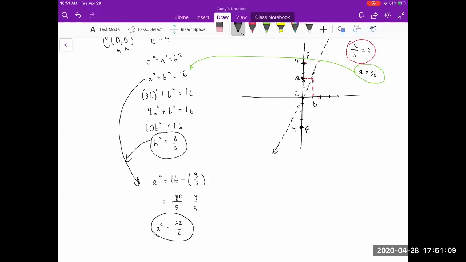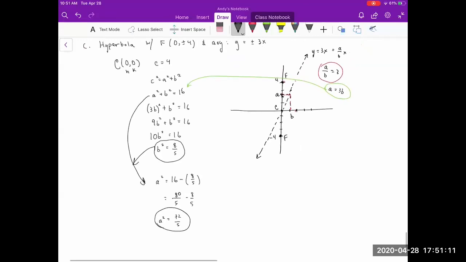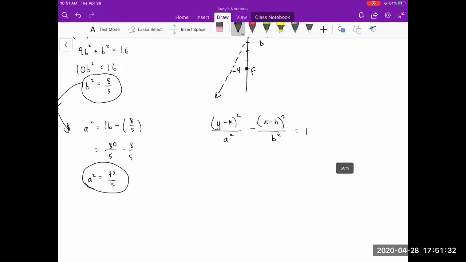So now, what is the equation of a vertical hyperbola? We know the hyperbola is vertical. We know the center is (0, 0). So a vertical hyperbola will have equation (y - k) squared over a squared minus (x - h) squared over b squared is equal to 1. And we know what these squares are.